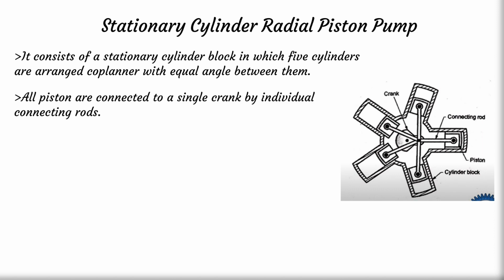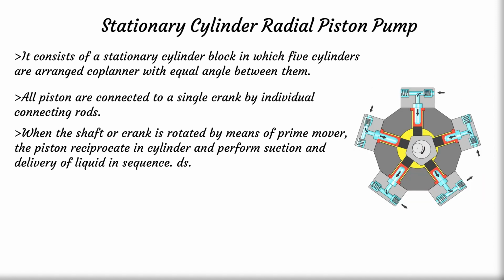All pistons are connected to a single crank or shaft by individual connecting rods as shown in the figure. When the shaft or crank is rotated by means of a prime mover, the pistons reciprocate in the cylinders and perform suction and delivery of liquid in sequence. Thus, the pump discharge is continuous and smooth in the stationary cylinder radial piston pump.